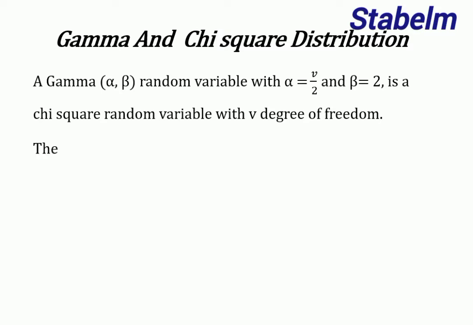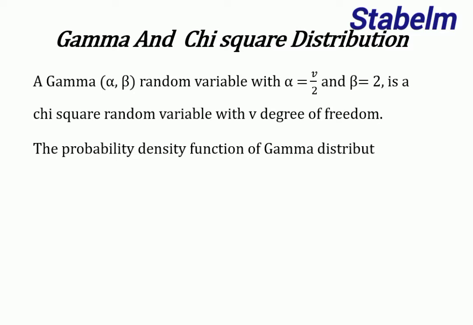Now, the probability density function of gamma distribution. We want to state it. We say f of x equals 1 divided by beta raised to power alpha, gamma of alpha, x raised to power alpha minus 1, exponential raised to power minus x divided by beta.